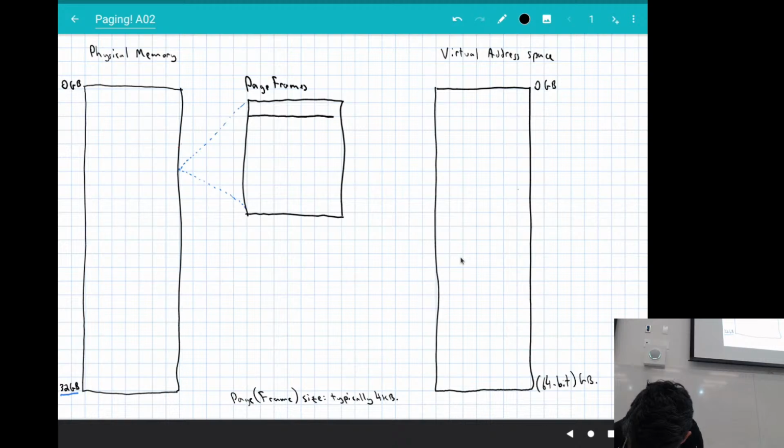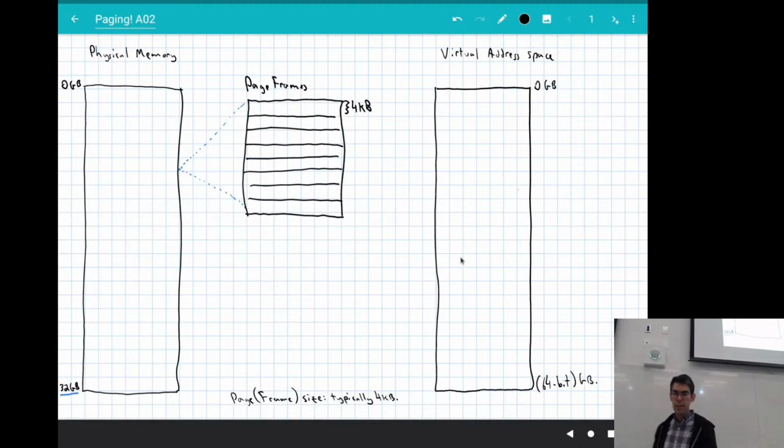We're going to be doing this partitioning into fixed sizes, and each of these entries here is going to be 4 kilobytes in size.